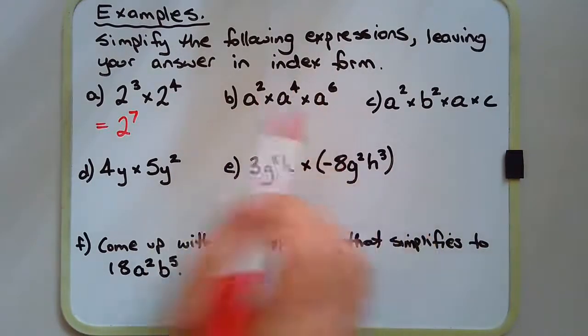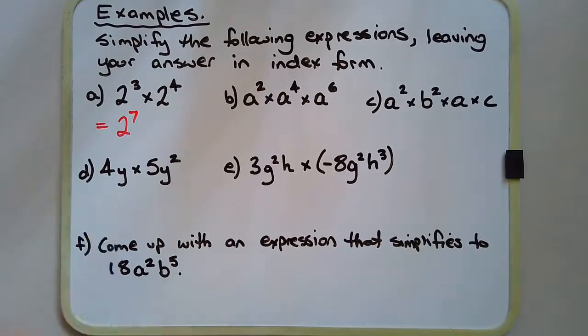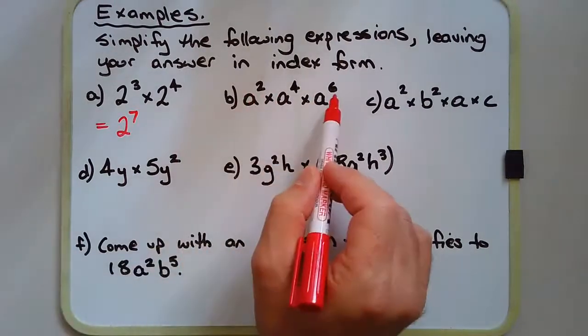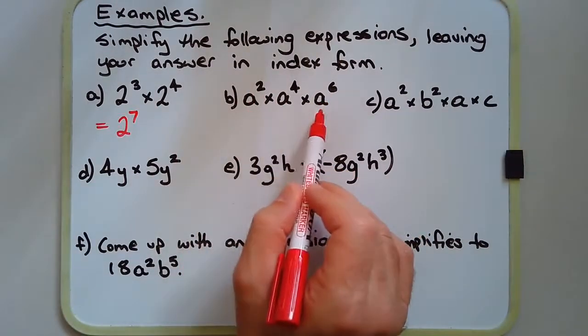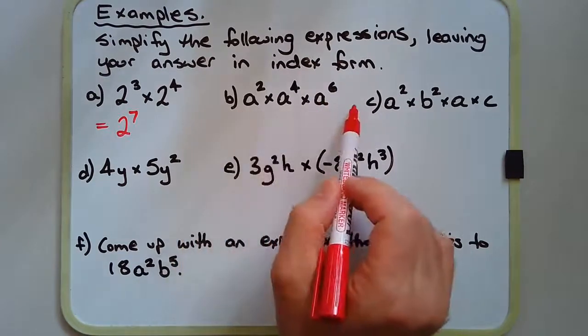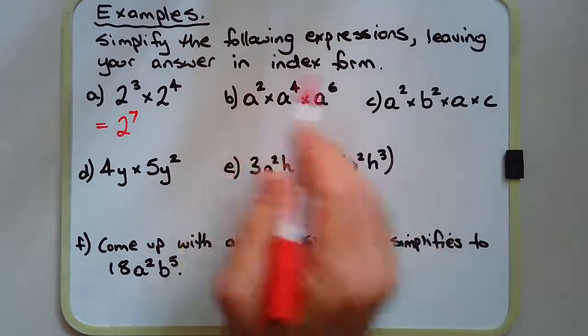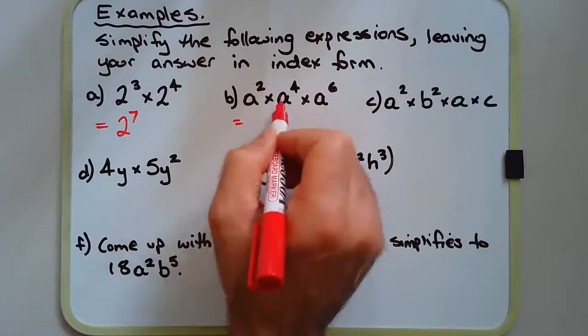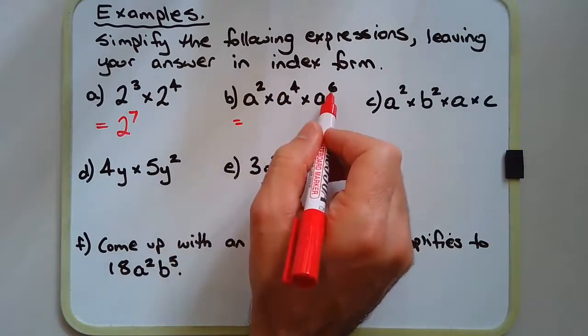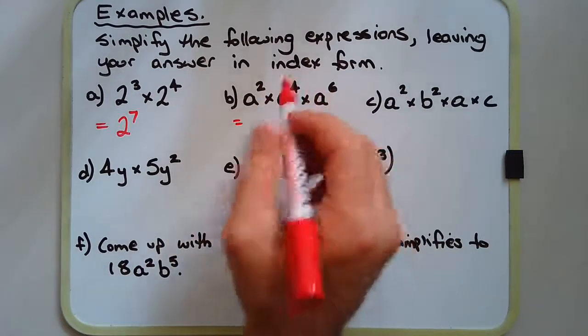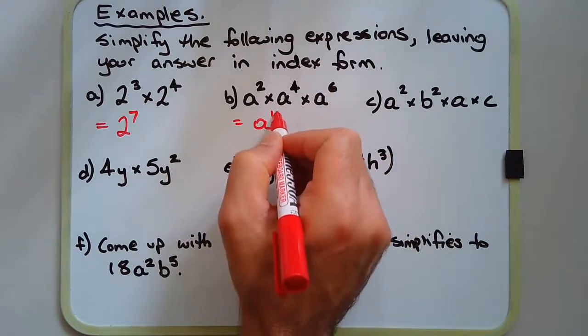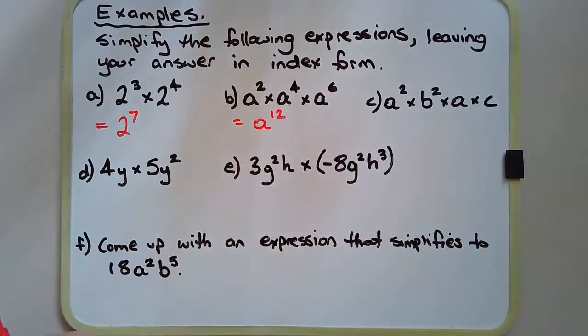We saw that before when we were looking at the pronumeral x, and we added another one, x to the power of 4. You just add the indices. Again, as long as the bases are the same, you could have 1,000 of these. It doesn't matter. You just add the indices. There's 2 a's there, 4 a's there, 6 a's there. 2 plus 4 plus 6 is 12. So it's going to be a to the power of 12.